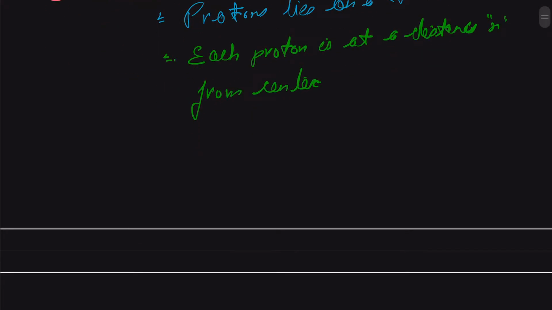So we can just approximately draw the figure. So we have two protons. This is the first proton, this is the second proton, and this is the center. So the distance between these two protons will be equal to 2x, and with respect to the center, the distance will be x.